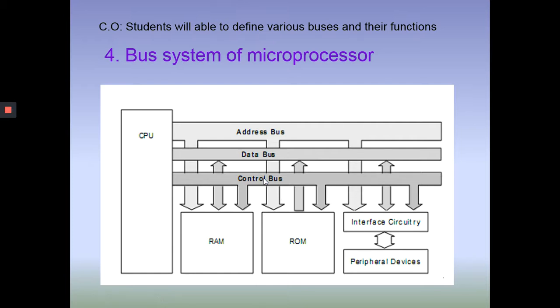At a time certain devices will remain enabled and certain will remain disabled. So the control bits placed on this control bus decide which device is to be activated, which should remain enabled and which should remain disabled. So these control bits are simply useful for synchronization purposes.